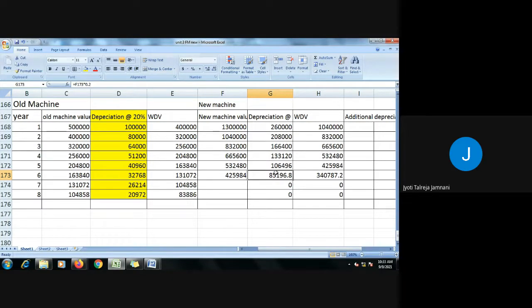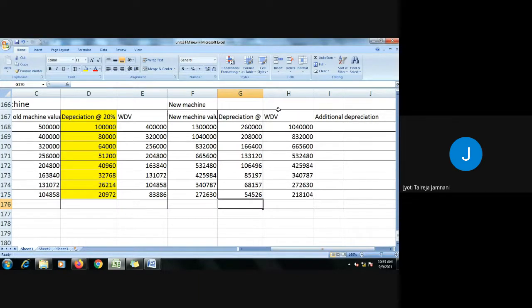We get 85,197. 3,40,787. So this is the depreciation of the new machine.